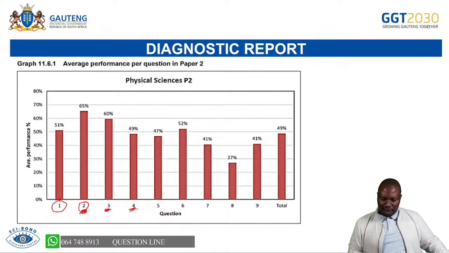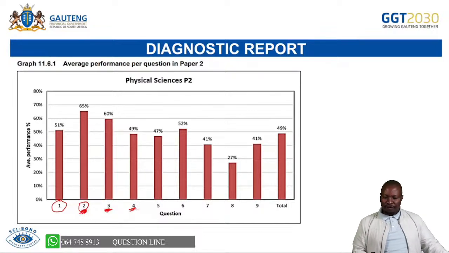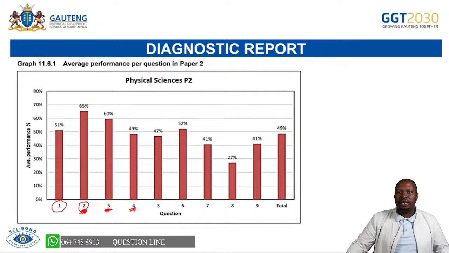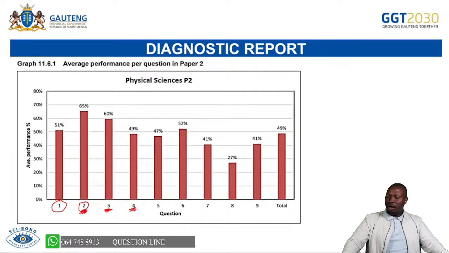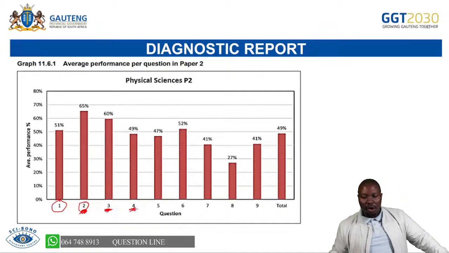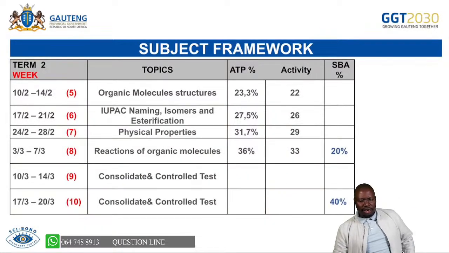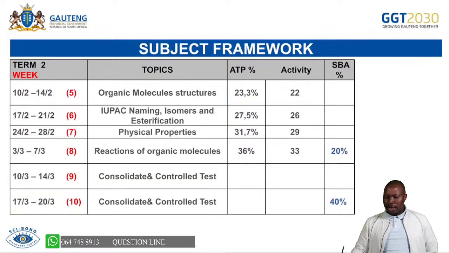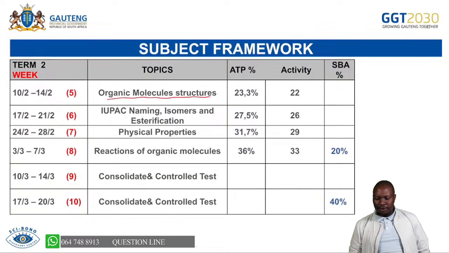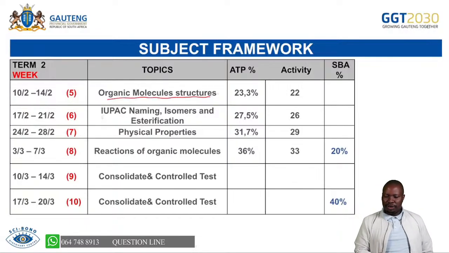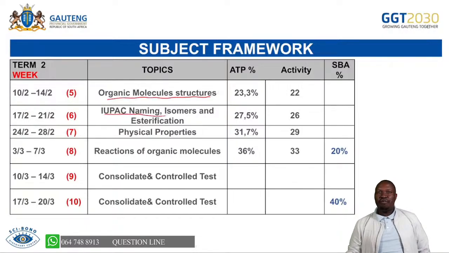Remember, question 2 is nomenclature, question 3 will be your physical properties, question 4 will be your reactions of organic molecules. So that is the order of our paper, and that's how last year's cohort was able to perform. Now, in terms of your ATP, you have a week for dealing with organic molecule structures. You have to deal with IUPAC naming, which is the focus of today.